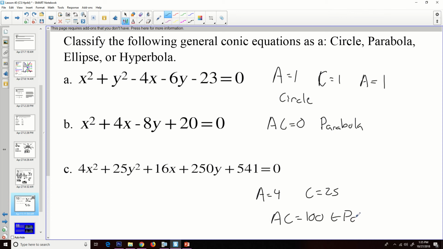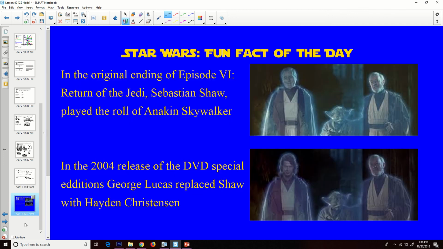That is positive, or greater than 0. Thus, this one is an ellipse. So we ended with an easy one. And finally, we are finished.